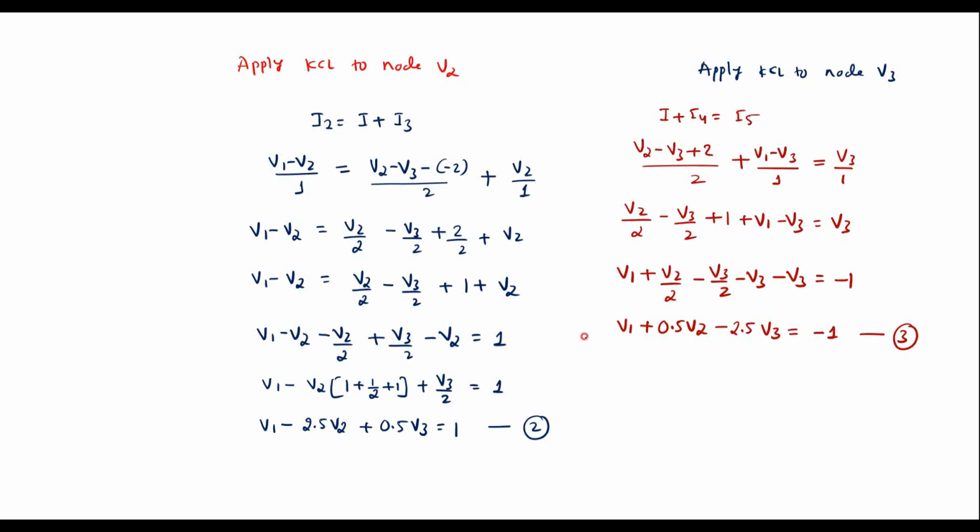So now solving equations 1, 2, 3 using calculator. Keep calculator in equation mode and choose 3 unknowns and directly feed the values. So I will solve this using calculator.